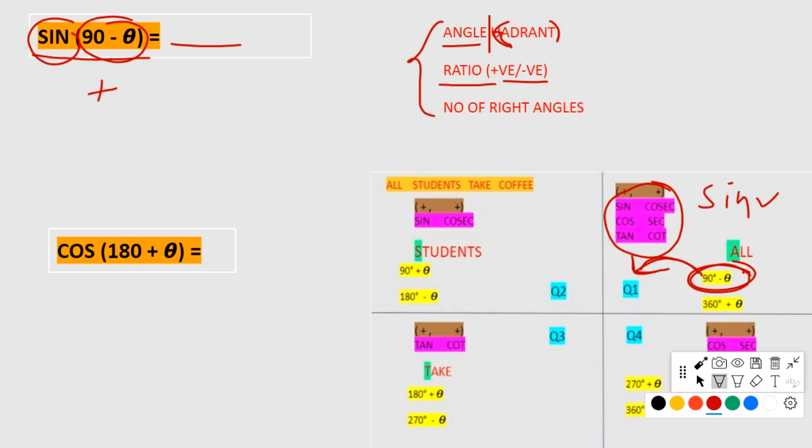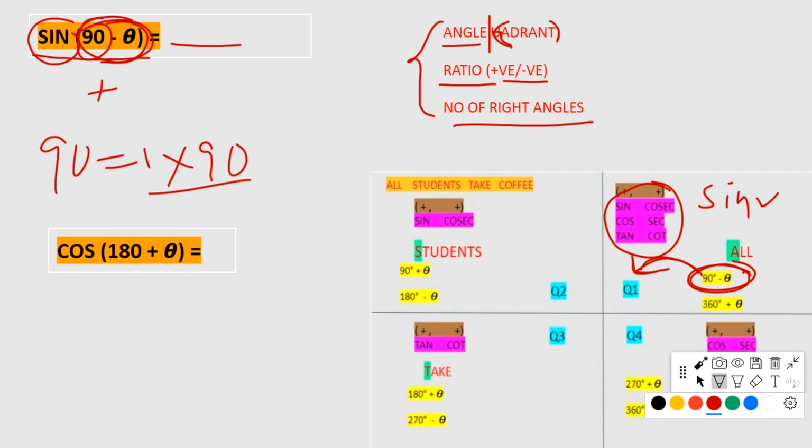Okay. Next step, number of right angles. Here, in the angle 90 minus theta, we observe 90 degrees. 90 degrees means 1 times 90 degrees. This is an odd number of right angles.